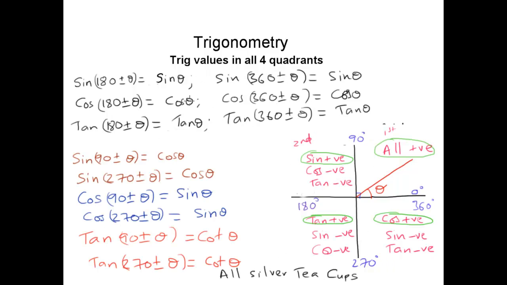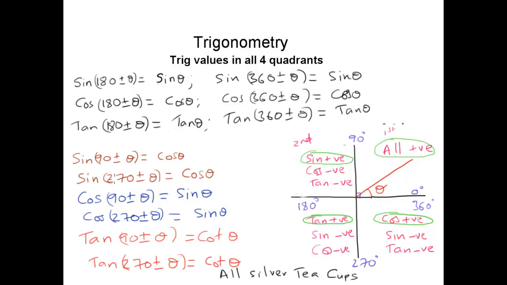So in summary, we have sine 90 plus or minus theta is cos theta, sine 270 plus or minus theta is cos theta, cos 90 plus or minus theta is sine theta, and cos 270 plus or minus theta is sine theta, and tan 90 plus or minus theta is cot theta, and tan 270 plus or minus theta is cot theta.